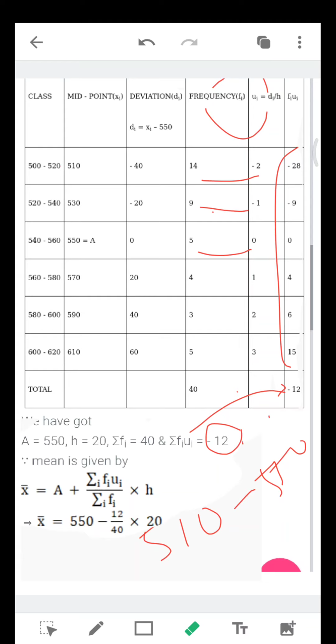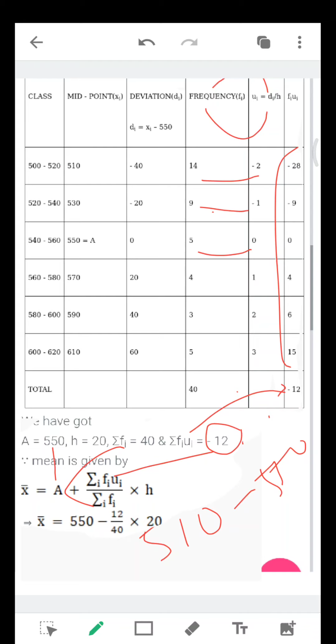Okay, now let's substitute all these values carefully in the formula. So our formula is a plus sigma fi ui by sigma fi into h. With sigma, it's not necessary to put i, so I'm not reading it. So what is a value? A is 550, sigma fi ui is minus 12, and sigma fi is 40, h is 20.